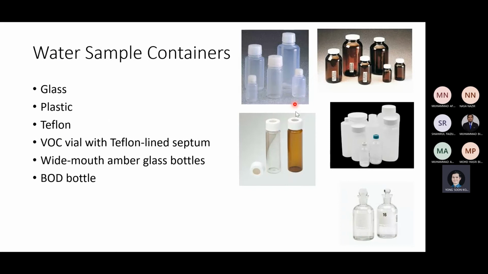We just put a needle inside here, and the sampler will draw the water sample directly into the analyzer and we analyze straight away, so that we minimize cross contamination or loss of analyte.